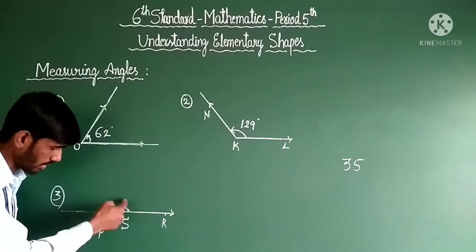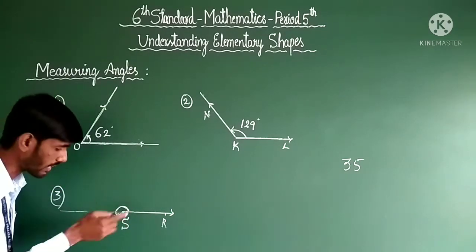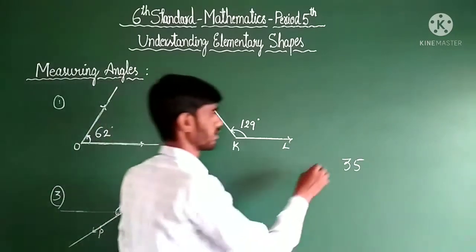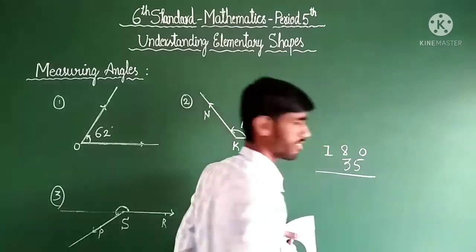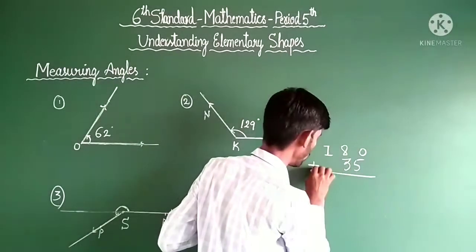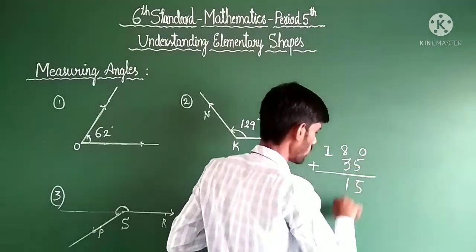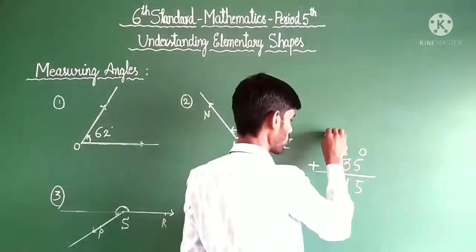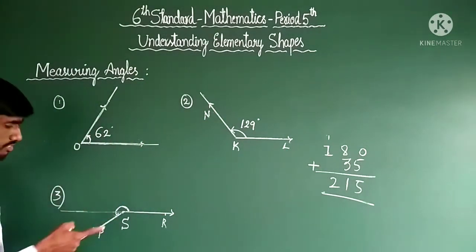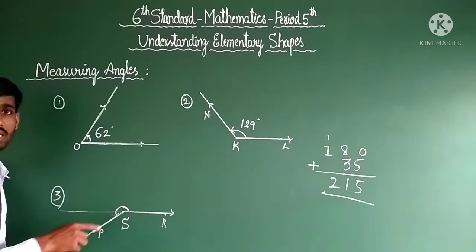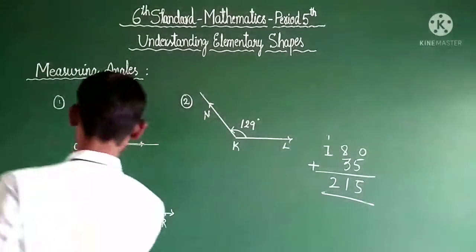Straight angle, of course, from this part to this part is 180 degree plus 35 degree. So add these two. 0 plus 5 is equals to 5, 8 plus 3 is equals to 11, write 1 and carry 1, 1 plus 1 is equals to 2. Totally, from here to here, the measurement is 215 degree.